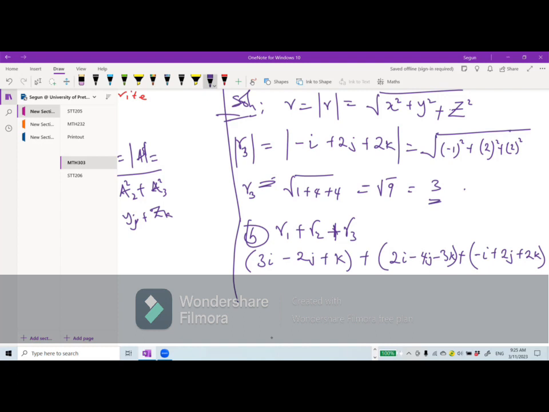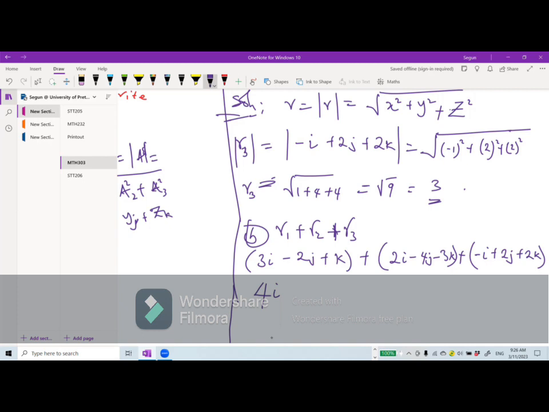So let all the like components be together, I to I. Then we can now add component by component. So the first one, I to I: 3I plus 2I minus 1I, making 4I.